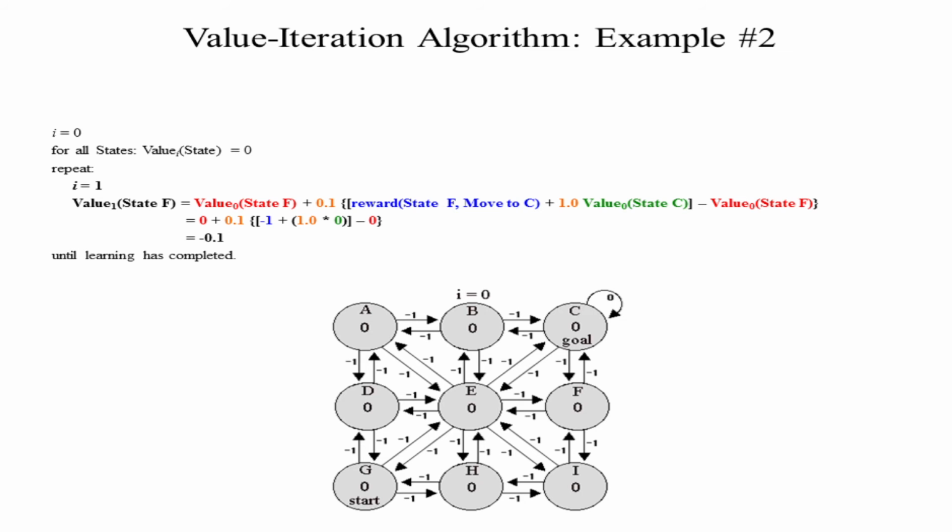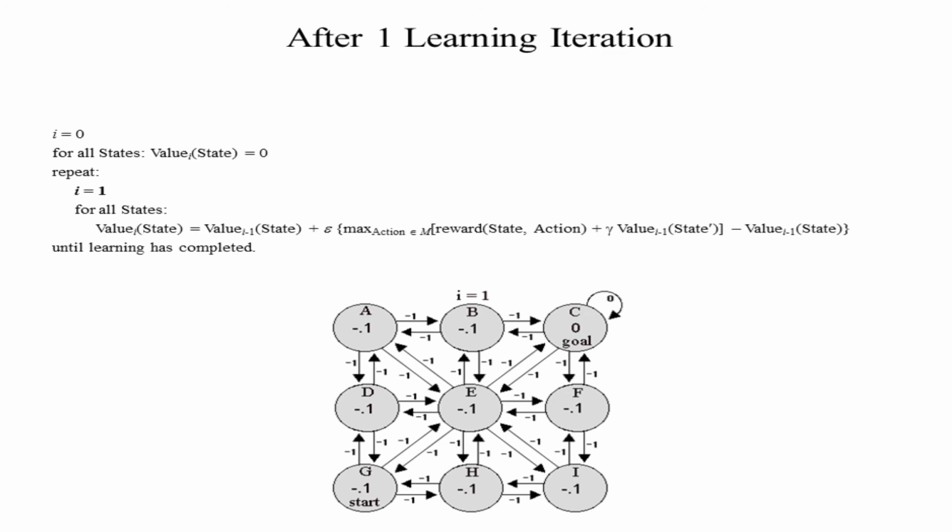But if you plug in the numbers and crank through, what you end up finding is that the value of this state now is updated to a slightly negative value, a value of negative 0.1. Okay? So if you go through this exercise and update all of these values, what you end up with is something like this, where you see that the goal state retains its value of 0, but the other states take on small negative values. So that's after the first iteration of learning.